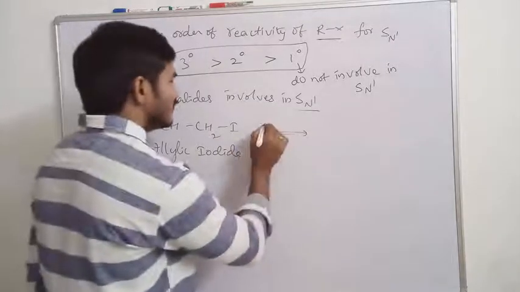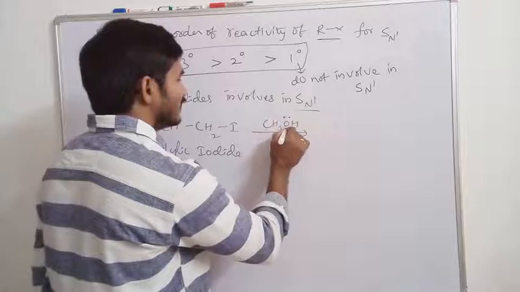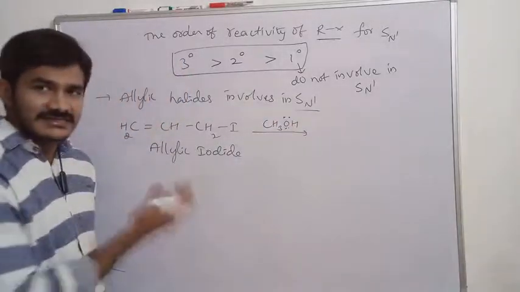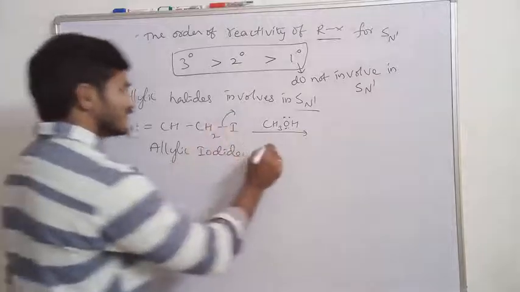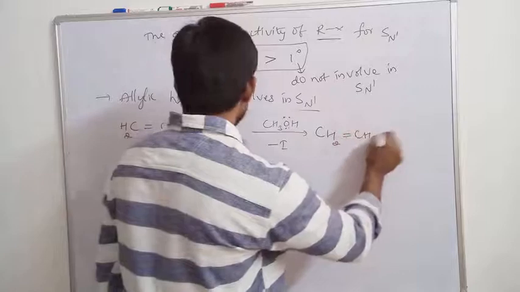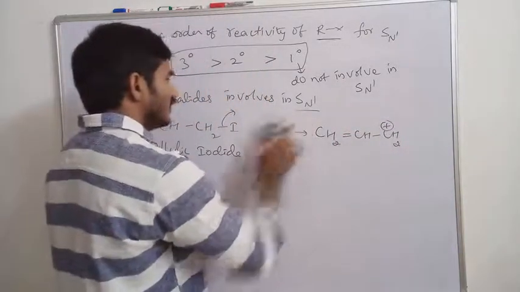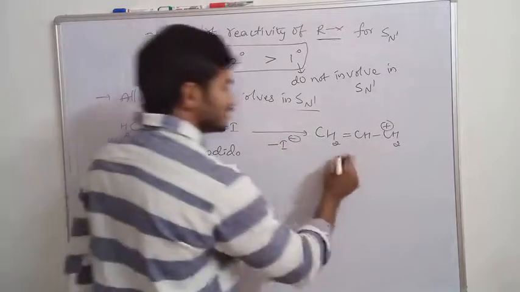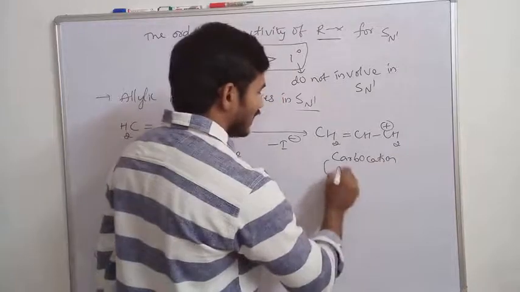In the presence of a base or nucleophile, I am taking methanol as a solvent, which itself acts as a nucleophile. The iodide is eliminated first in the first step. So CH2 double bond CH CH2 plus. In the first step, it will not play any role. Elimination of I minus. This is a carbocation. Which type of carbocation? Allylic carbocation.